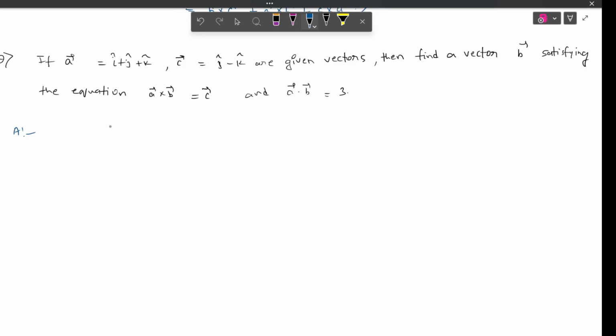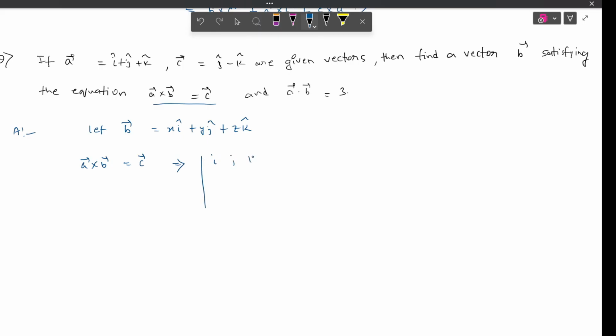So we don't know the B vector. So let B vector in the component form be x i cap, y j cap, and z k cap. So it is given A cross B equals C. So A cross B equals C vector. So A cross B, we can find by determinant.